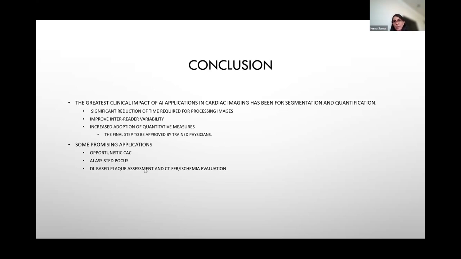But there are a lot of promising applications that are approved, and it remains to be seen how these will be used to change how we diagnose and how we evaluate patients for coronary artery disease and for a variety of different indications.